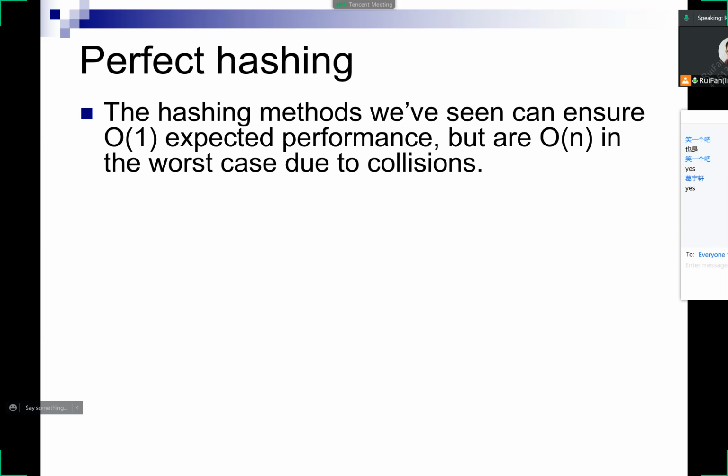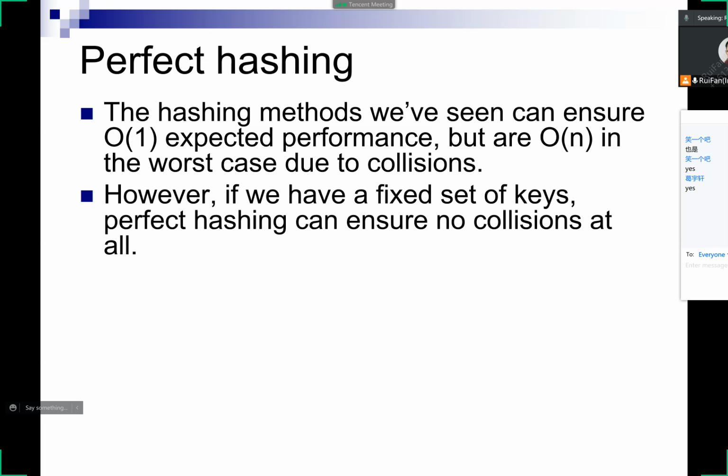But even with universal hashing, it's possible that you get order n worst case behavior, because sometimes you can pick a bad hash function. When you pick a random hash function, most hash functions are good, but there are some bad ones also. And if you're unlucky and you get one of these bad hash functions, then you can get order n worst case behavior, even for universal hashing.